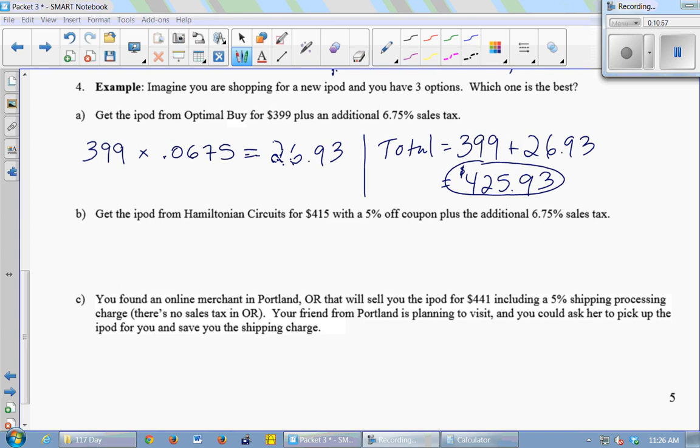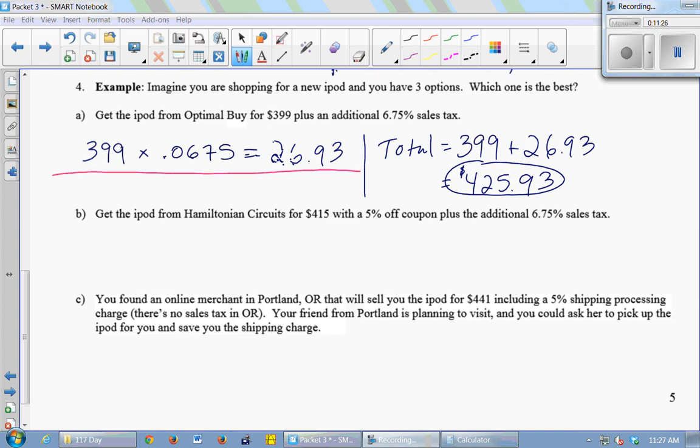So I'm going to show you a little shortcut. Instead of doing 2 steps where I multiply by the percent and then add the price, I'm just going to do 1 step and increase it by the tax all at once.